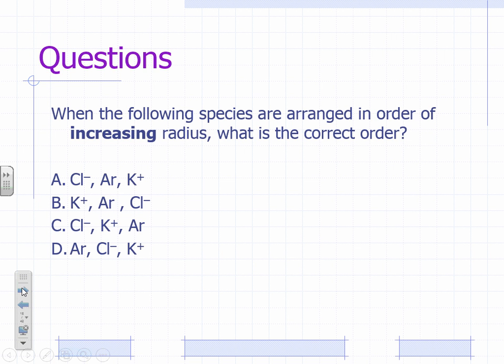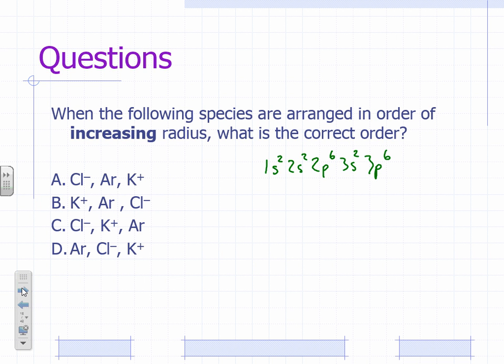It's the nucleus that determines the overall attraction. Okay, let's finish off with a question. This is a typical exam question. When the following species are arranged in order of increasing radius, what is the correct order? Now again, they are all isoelectronic. You should be able to identify that. Argon, they're all isoelectronic with argon. Argon has a configuration of 1s2, 2s2, 2p6, 3s2, 3p6.